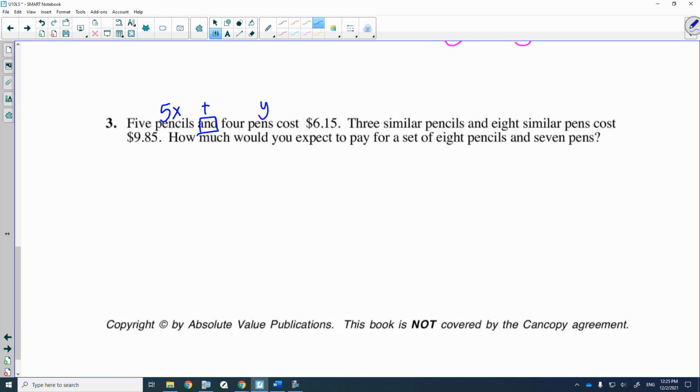I'm going to call my pens Y, and there's 4 of them. The cost is $6.15. That is your first system. 5 pencils and 4 pens cost, or it is, $6.15.